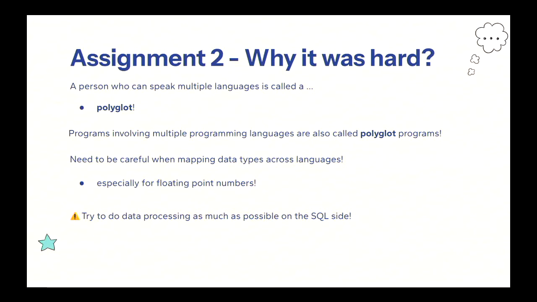That would be very, very slow, because Postgres is highly optimized, and Python is a slow language. It's easy to use, but it's slow. Its execution is very slow, because it's an interpreted language, not a compiled language.